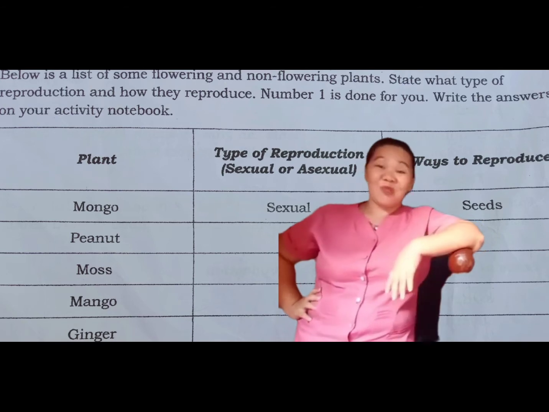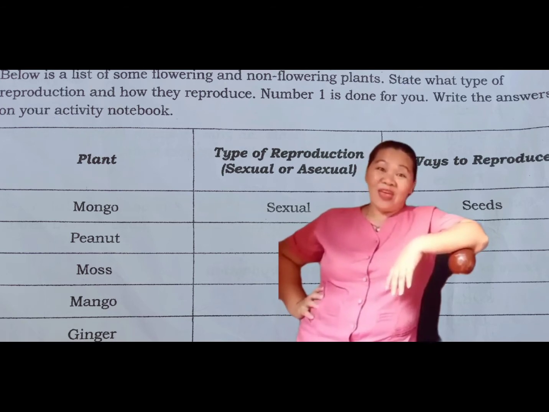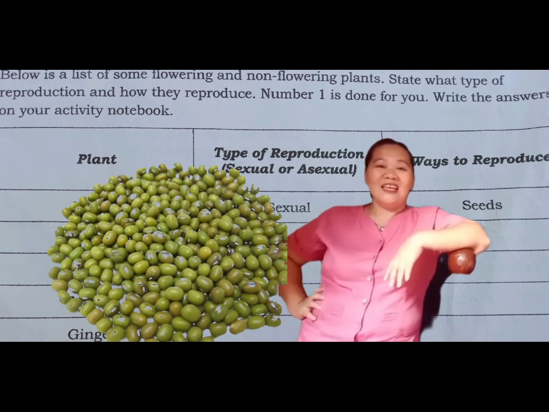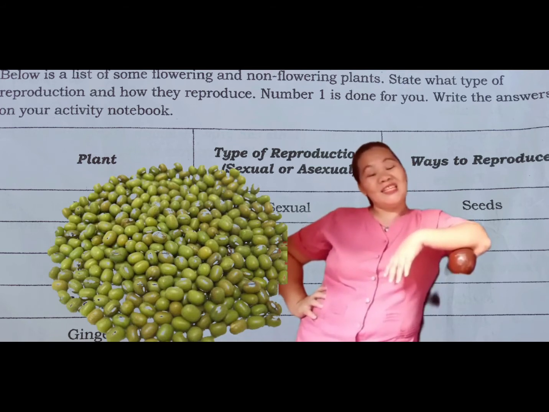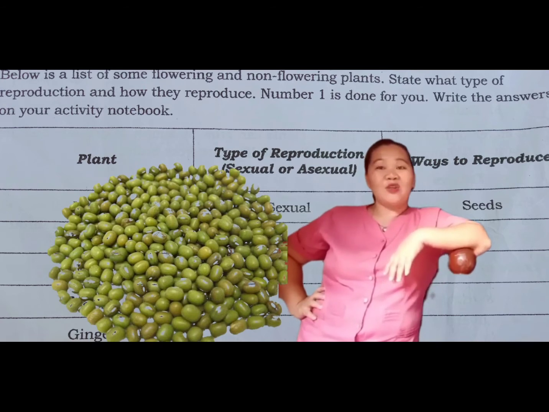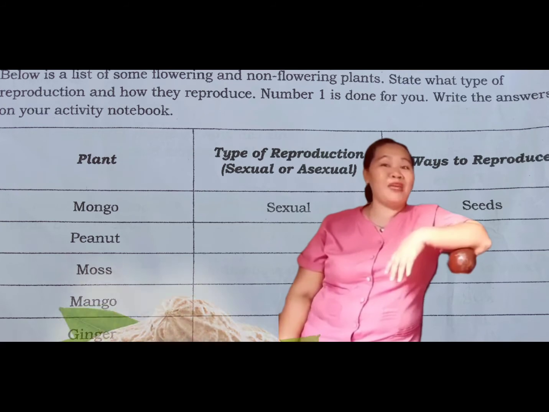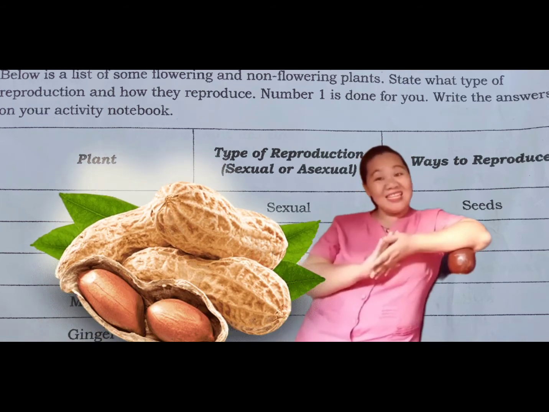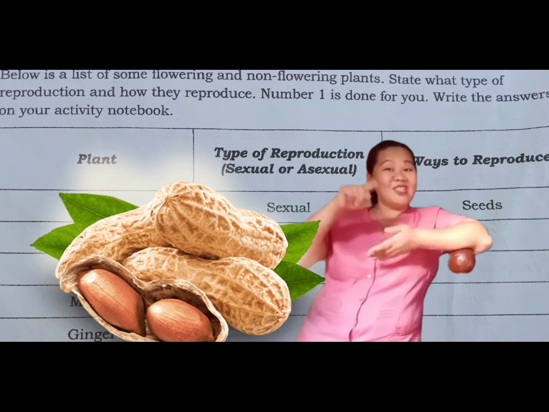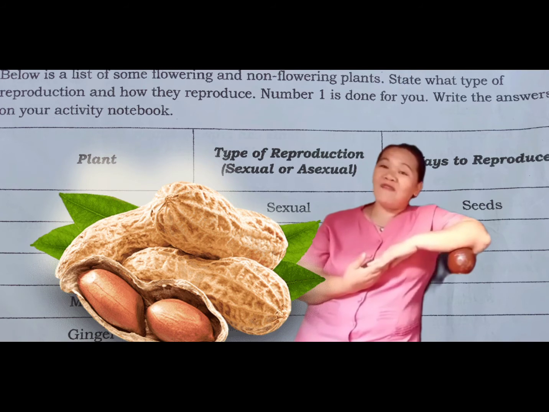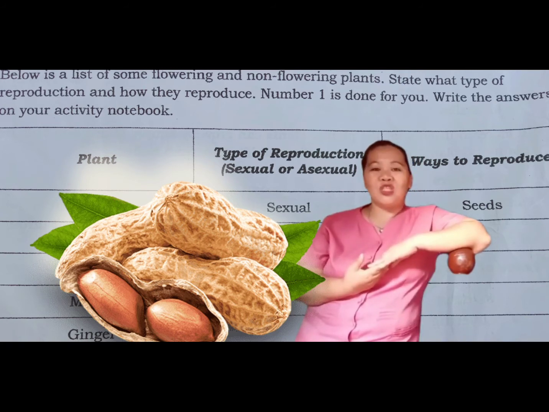So now, let's begin. We have mango in the first row, and the type of reproduction is sexual, and the way to reproduce is seeds. Next is the peanut. If you answered sexual, check. And under ways to reproduce, it is seeds.